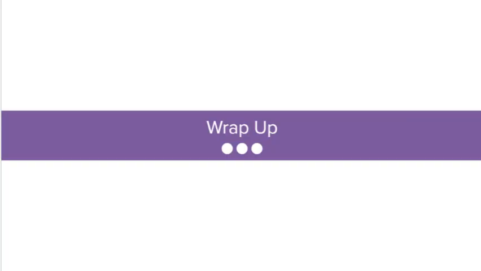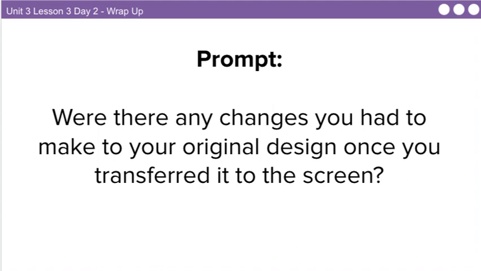Now that you're done designing your app, we're going to go ahead and wrap up the lesson. And your prompt is, were there any changes you had to make to your original design once you transferred it to the screen? If you didn't have any changes that you had to make, go back and make one, okay?